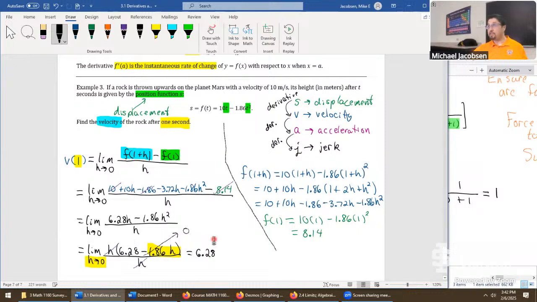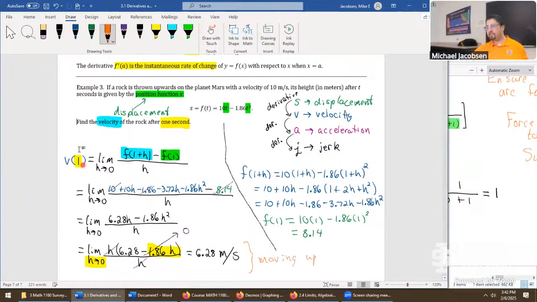But the units for this one, recall it's a slope. It's going to be the meters from the displacement divided by the seconds per time. Because it's positive, this tells us that at 1 second the rock is still traveling upwards at 6.28 meters per second.